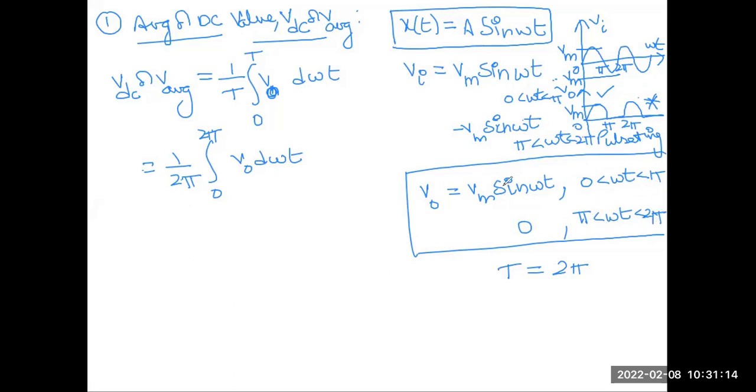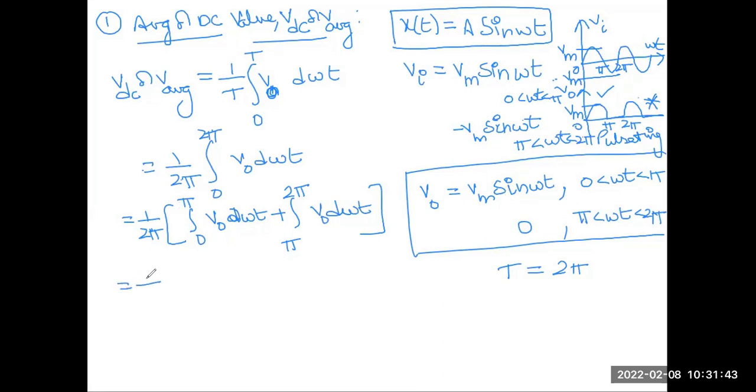For two different periods, the output is changing, so you split this: 1 by 2 pi, integral 0 to pi of V0 d omega t plus integral pi to 2 pi of V0 d omega t. Now substitute V0 for 0 to pi: it is Vm sin omega t. So 0 to pi, Vm sin omega t. Now what is it for the period pi to 2 pi?